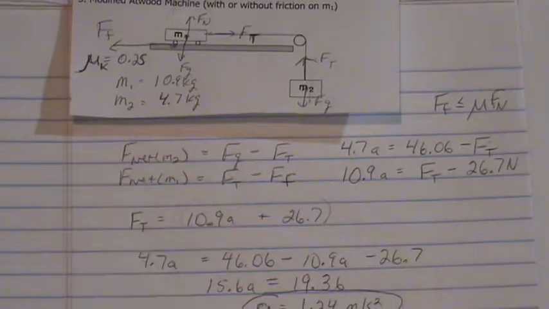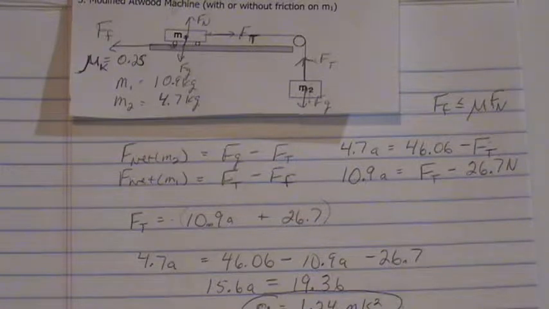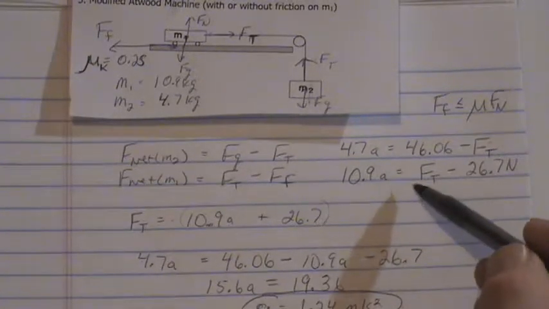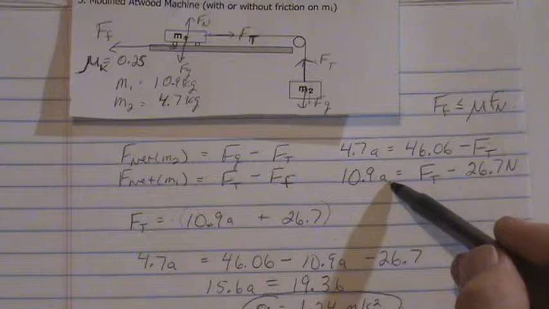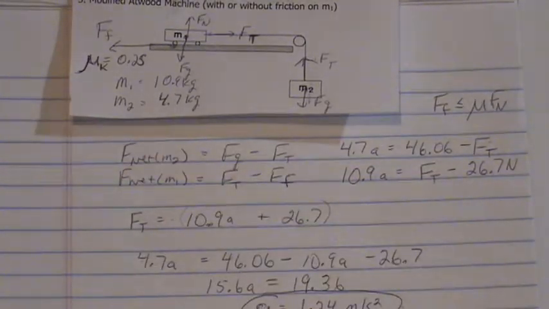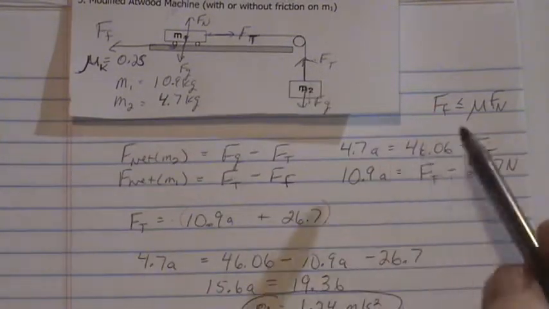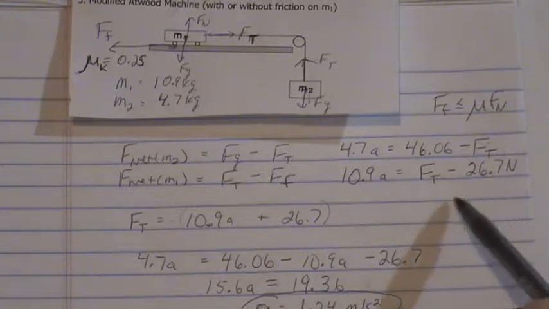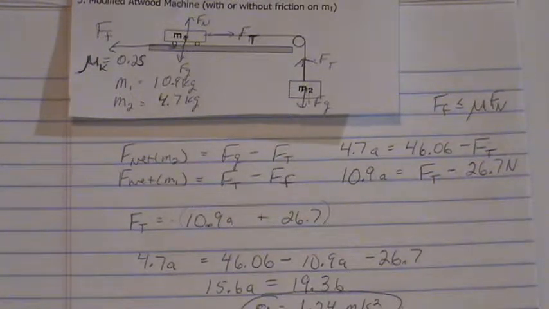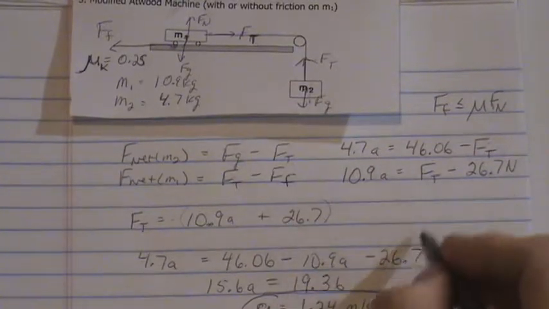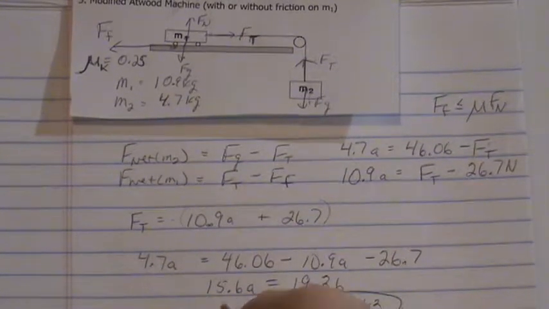And I did the wrong number in the calculator. I don't know why with this series of videos I may have a lot of calculator issues. So it's 10.9 times the acceleration, 1.24. There you go, I got 13.5, give or take. And then I'm going to add 26.7. Somehow last time I hit the multiplication key. Ah, that looks better.